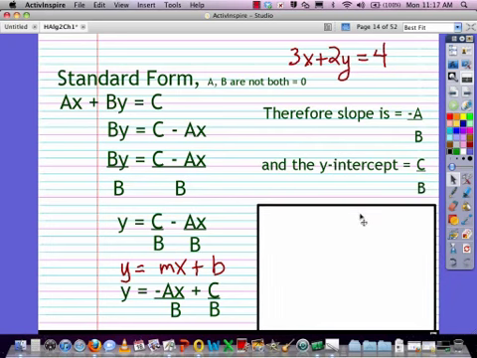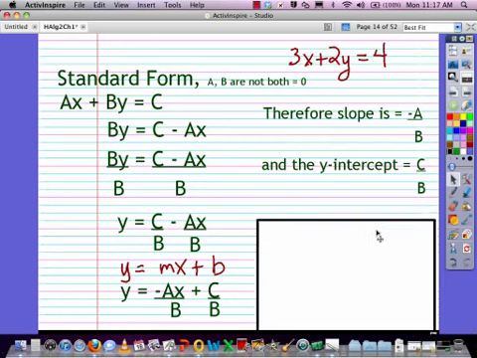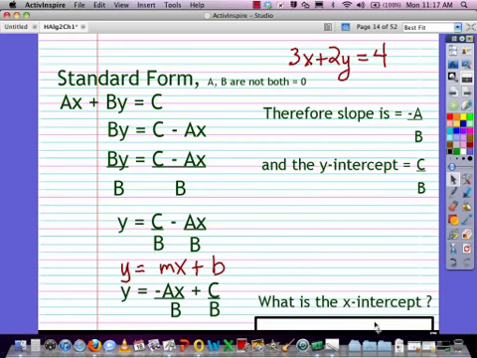So we would be able to go back to our original equation and say what it is without having to rewrite it. But lastly, the one question not answered here is, what is the x-intercept? In slope-intercept form, we really only discuss the slope and the y-intercept. We should also have another shortcut for the x-intercept, so let's explore a little further.